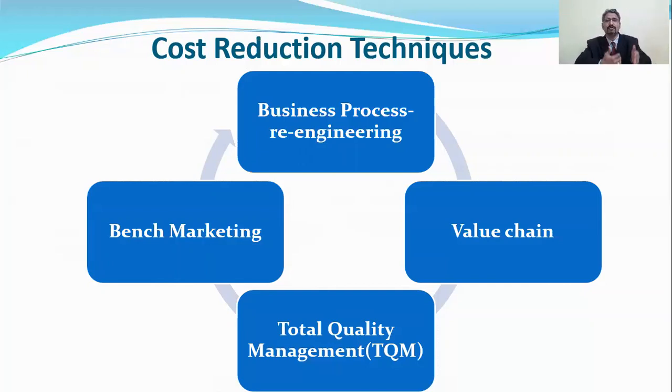Every time we are focusing on the reduction of cost without compromising customer satisfaction. So customers should be satisfied with our product. The value chain takes steps to reduce the cost but without sacrificing customer satisfaction. So this needs to be addressed properly.